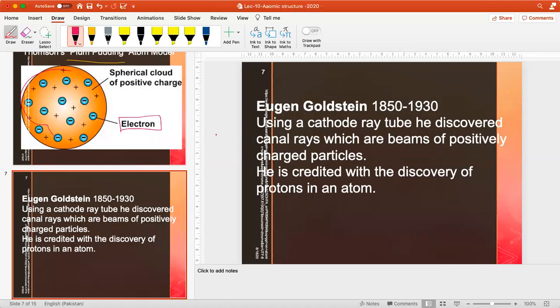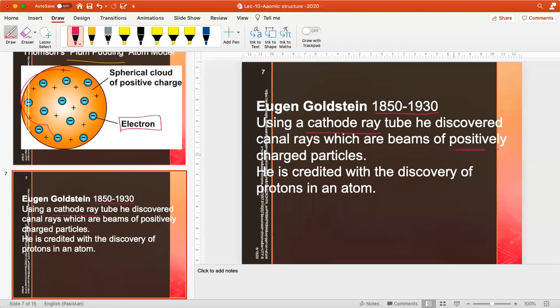Next, Eugen Goldstein, in timeline आ जाता है 1850 to 1930. Using a cathode ray tube, he discovered canal rays, which are beams of positively charged particles. अच्छा, ये तो history है. This is the history. But today we now understand them as protons.